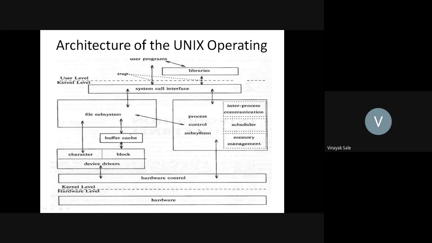And this is the whole architecture of the Unix operating system that we are going to study in detail. First see the architecture in detail. If you have any query regarding this, then ask freely.